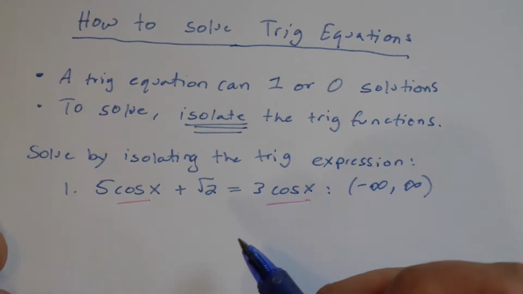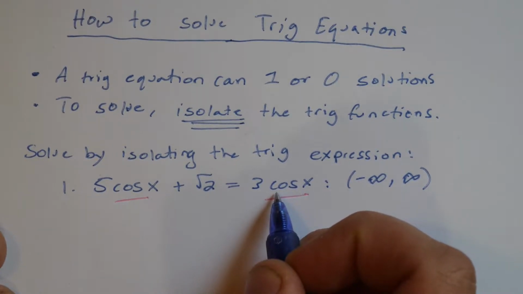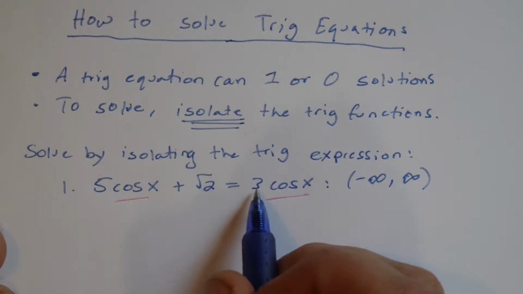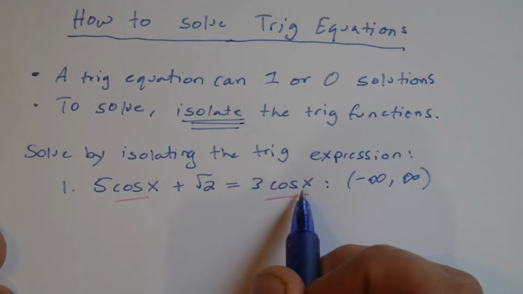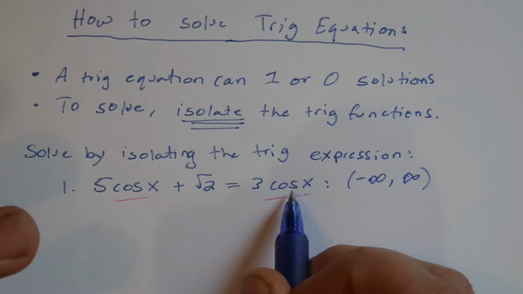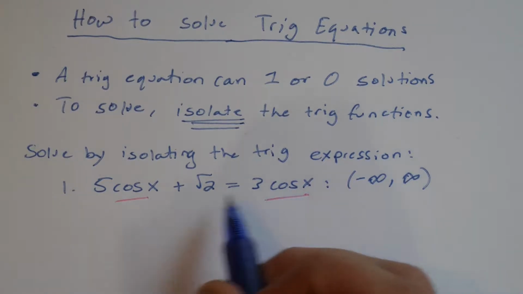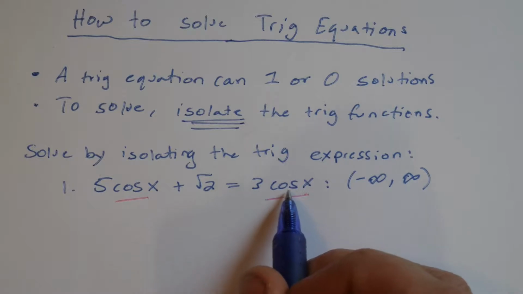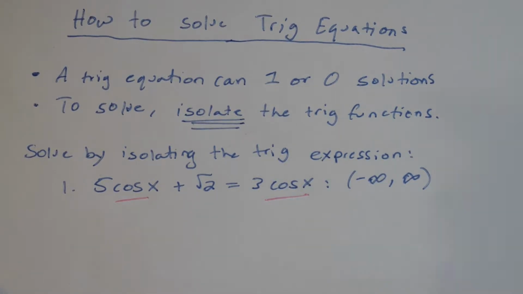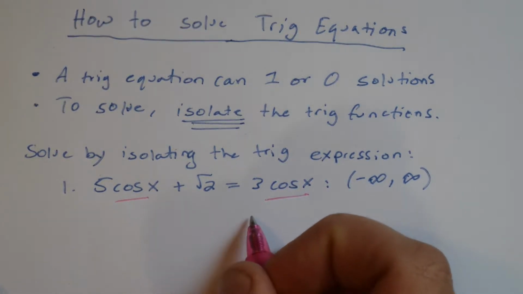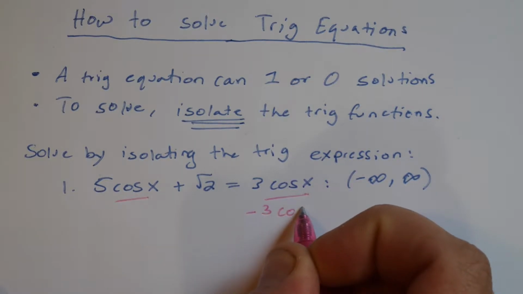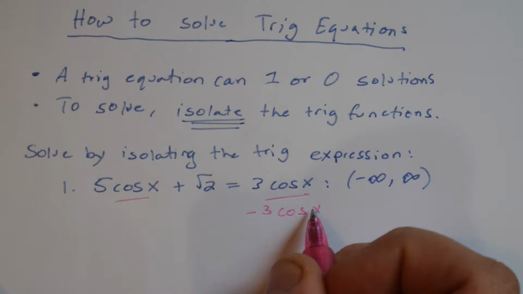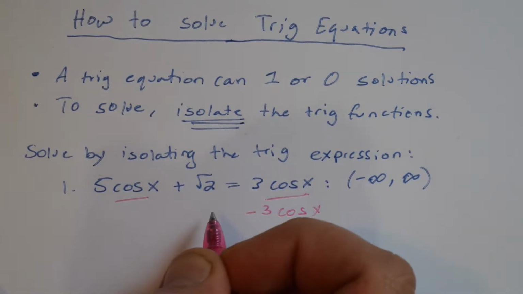So we get them over on the other side. How would I get this cosine x over to this side? Well, this is positive 3 cosine x. I'm trying to isolate this over there. So what's the additive inverse of 3 cosine x? That's negative 3 cosine x. 3 cosine x minus 3 cosine x equals 0, but I have to do it over to this side.